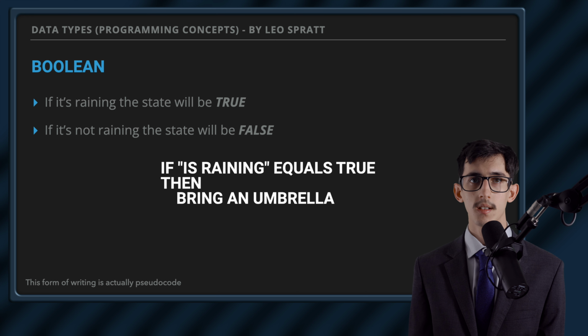So if it's raining, the state would be represented as true, meaning we would bring an umbrella. However, if it was not raining, the represented state would be false, resulting in us not bringing an umbrella. This form of writing is actually called pseudocode, which is used to express the steps required in a program. This will be covered in a future tutorial.